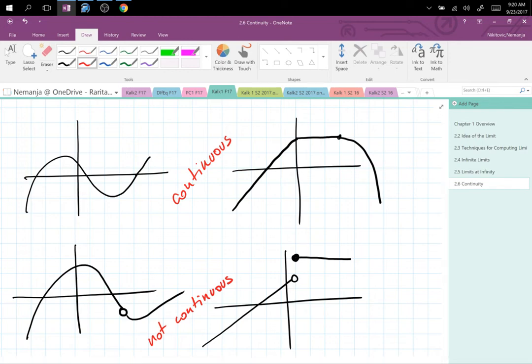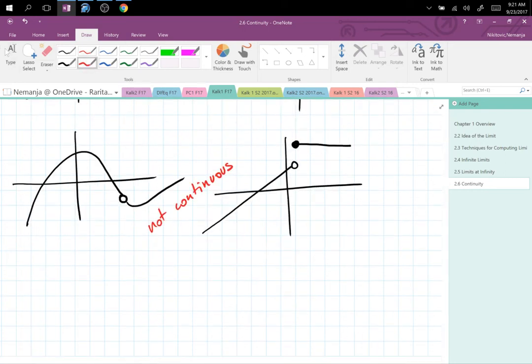There is a very simple statement for continuity at a point, which you learn, and then you use that concept to define global continuity. So we start with continuity at the point.